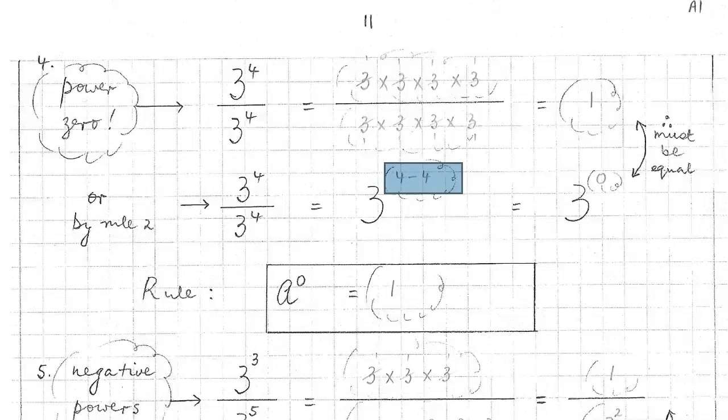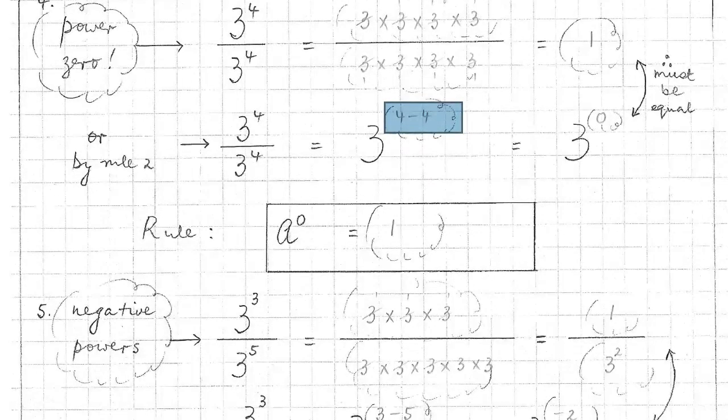Okay? Negative powers. How do these arise? Well, look at that. When you've got more 3's on the top, for example, 3 to the power 3, and 3 to the power 5 on the bottom, well, then the top has 3 3's in a product, 3 times 3 times 3, the bottom's got an extra 2. So 3 of them on top cancel with 3 on the bottom, and you've got 2 left on the bottom.